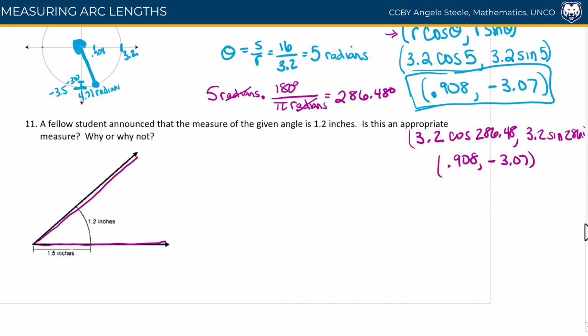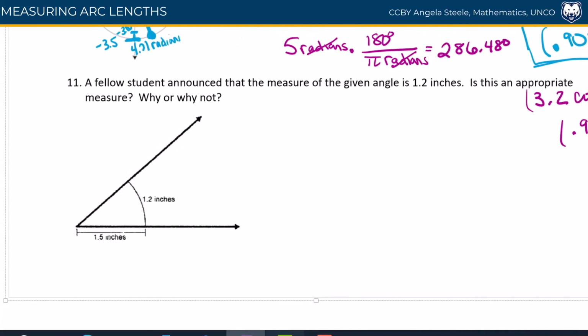If somebody comes and measures this and says, well, this is 1.2 inches, a different person can come along and measure between those two rays here, which would be a different value. Somebody else could come and measure between these two spots. And so the length would differ for each person that went and measured the distance between those two rays. So mathematicians figured out that instead of measuring it by lengths, to actually measure it as a fraction of the circumference.